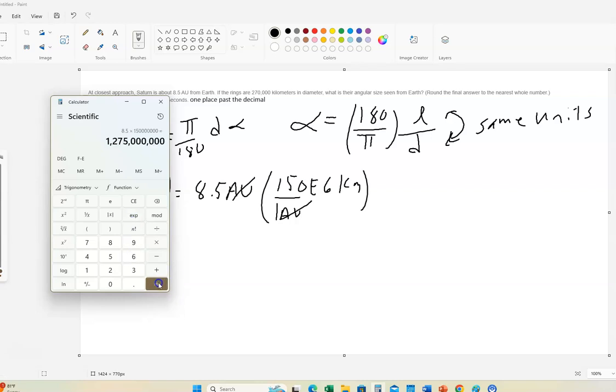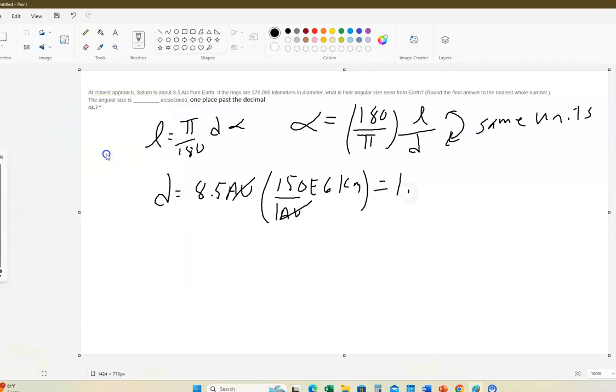So it's going to be this many kilometers. That's 1.275 times 10 to the 9th kilometers. So that's what our D is.